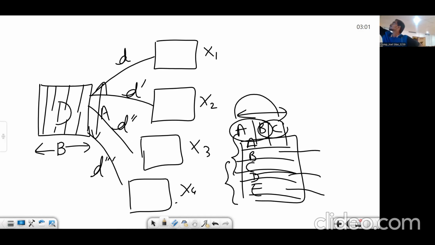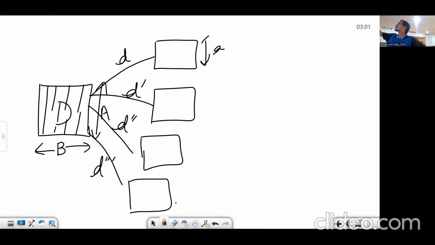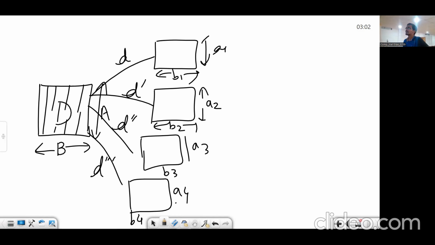So suppose we are taking A1 rows and B1 features, A2 rows and B2 features, A3 rows and B3 features, A4 rows and B4 features, wherein some of the rows and features may be same or different in each of these subsets of the data set.